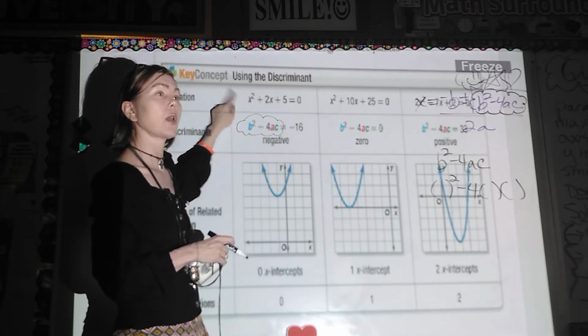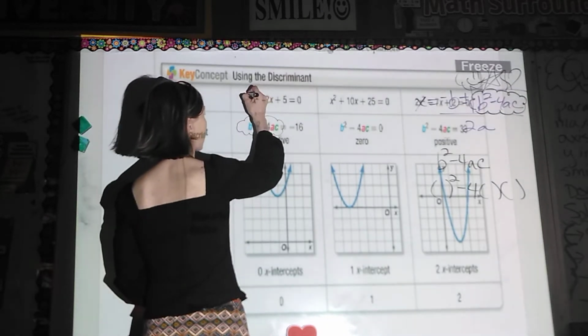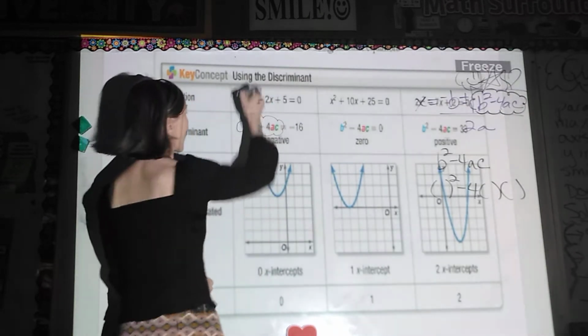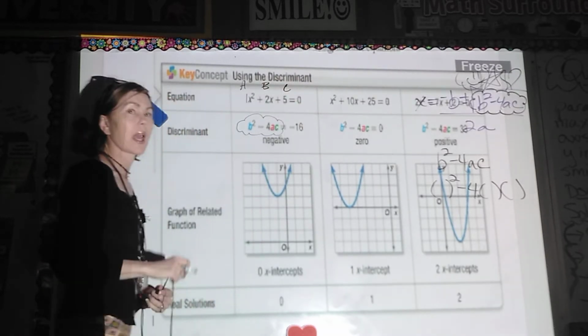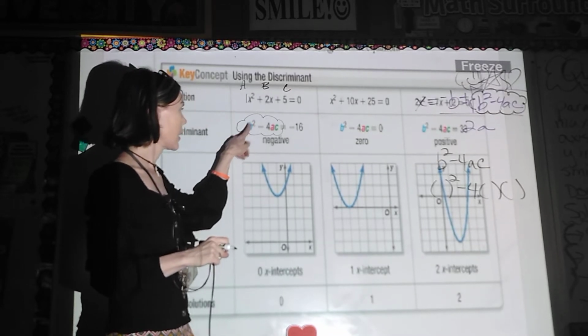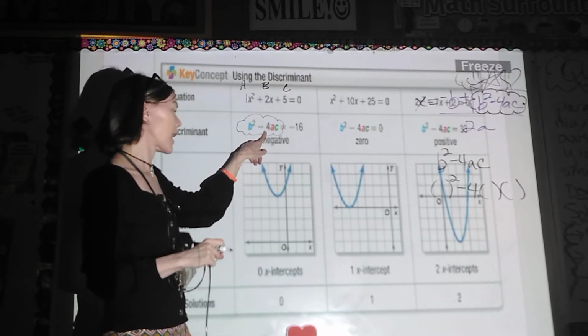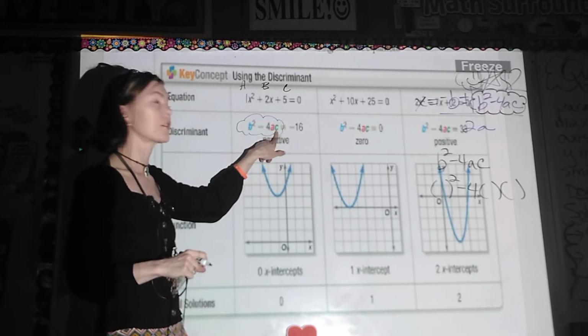All you need to know is what is the A, what is the B, what is the C. Even though it's not there, you know there's a 1 there, and you can put A, B, and C above it. And then you just put the B, minus negative 4 times A, the 1 goes here, and the C is a positive 5 goes here.